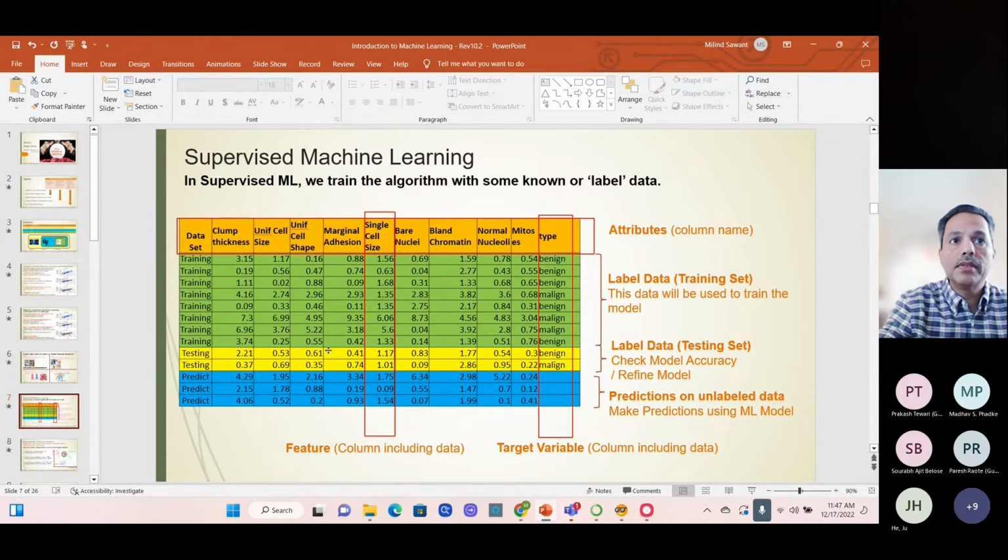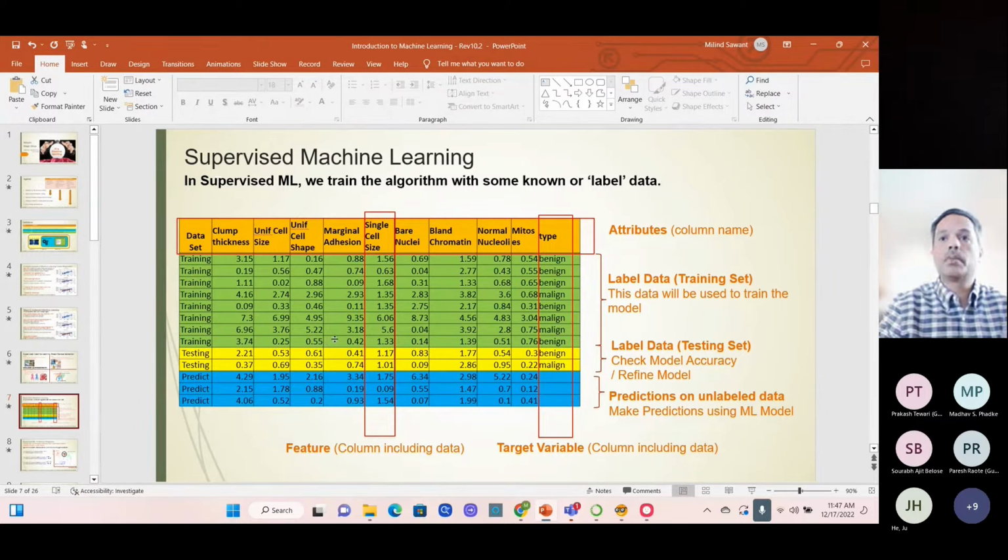Now, what we have done is, let's say they had 100 patient records coming in. They randomly split that data into two parts. Remember, the training set, which I've color coded in green, and then the testing set, which I've color coded in yellow. Of course, they're actually random. I'm just listing them in a sequence for ease of visualization.